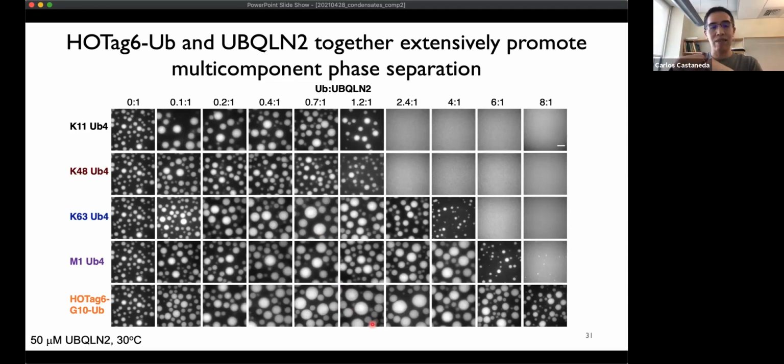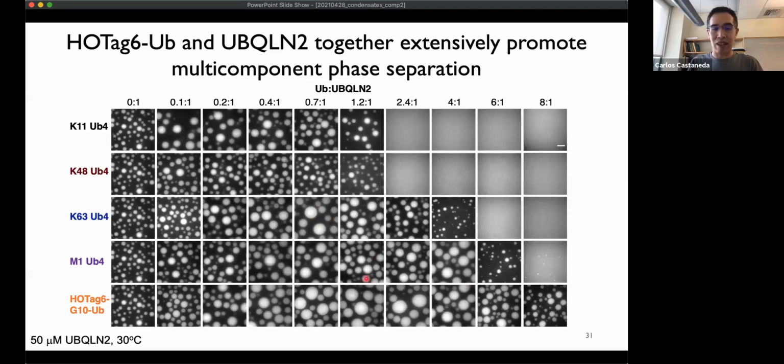Because we've got those tie lines, and what is happening here is that those concentrations, the dilute and the dense, are going to change a little bit based on whether polyubiquitin is around. And what can happen is that the droplet size can change as well.